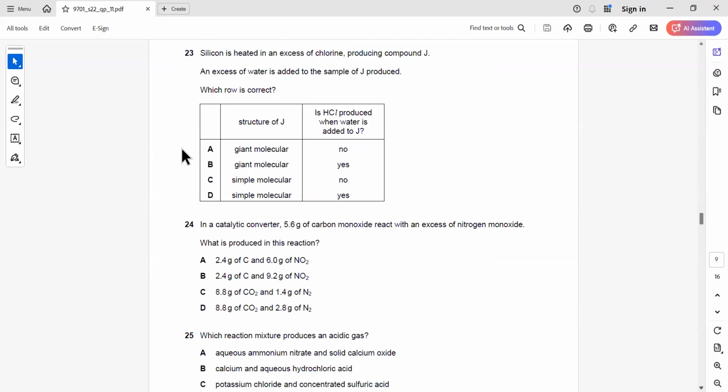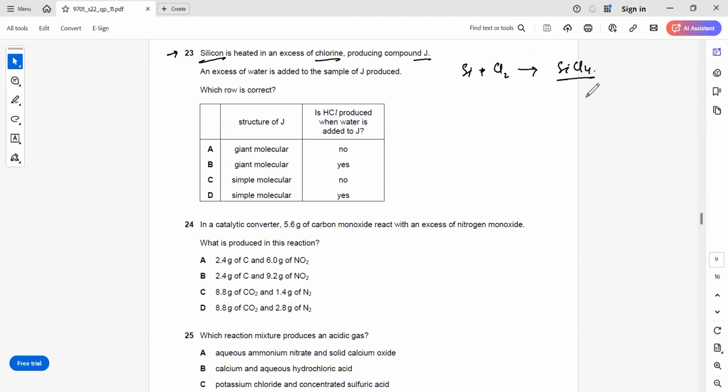Here, question number 23. They are saying silicon is heated in excess of chlorine producing compound J. So which compound does it form when silicon is heated in excess of chlorine? It gives us SiCl4.